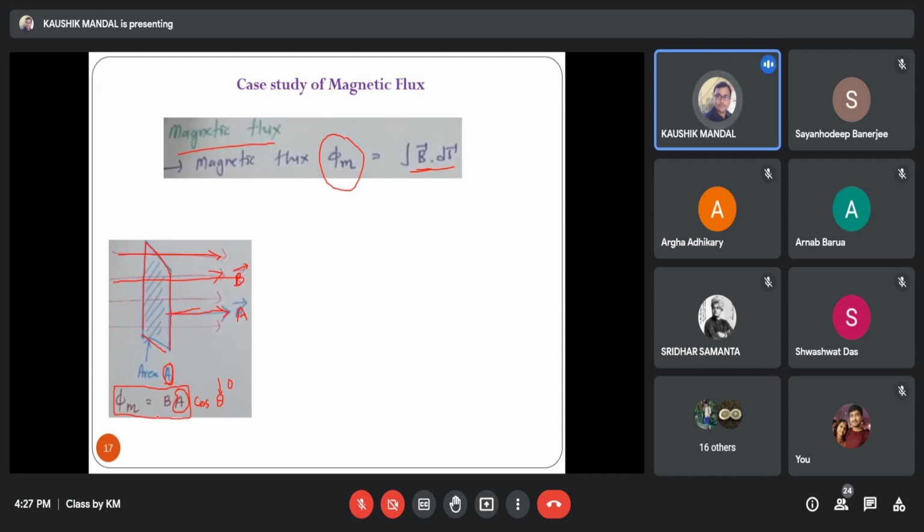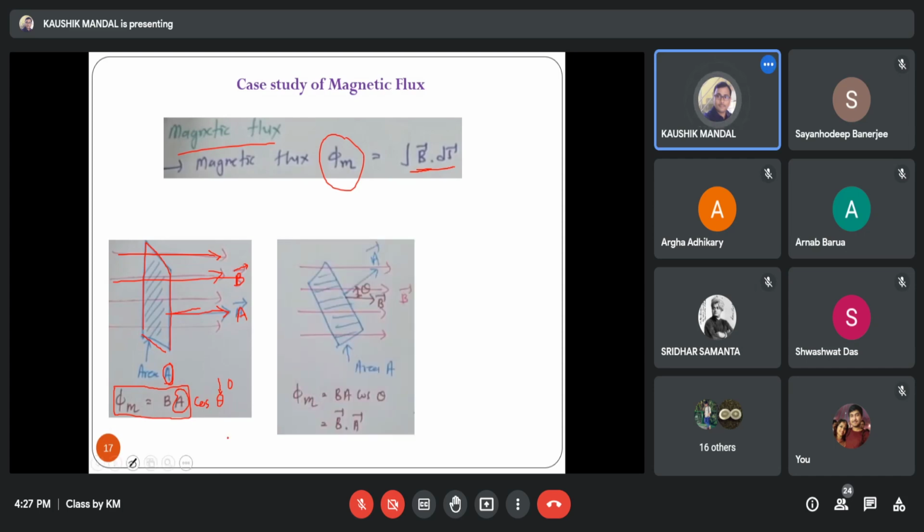That's why we are discussing this point: in which way should we place a surface under the magnetic field so that the magnetic flux is maximum? The answer is that you have to place the surface perpendicular to the uniform magnetic field. Then the magnetic flux will be maximum, equal to B into A, because cos theta equal to 1.